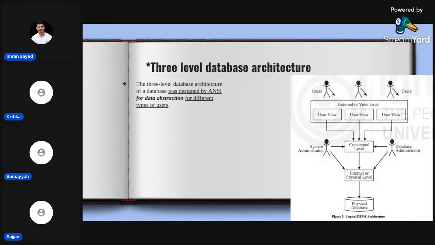Three-level database architecture. The three-level architecture of the database was assigned by ANSI for data abstraction for different types of users. The three levels are physical or internal level, conceptual or logical level, and external or view level.